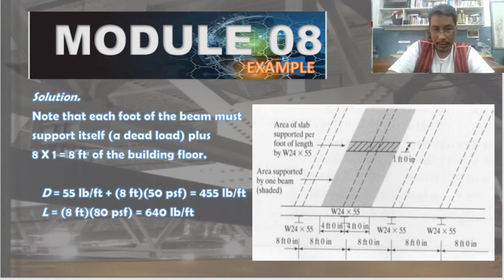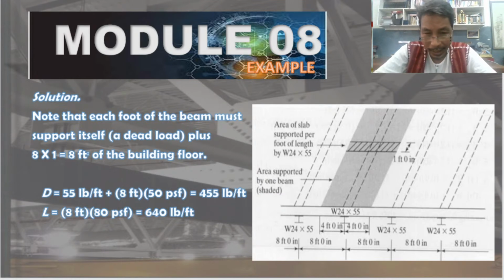Are we clear about this? We are just computing per foot, only for this slab, which is 8 by 1, meaning 8. So 8 times 50, that is 400 pounds per foot.